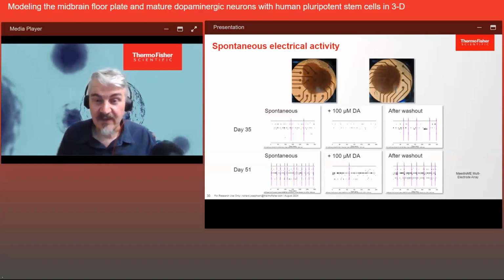Within a week after plating, we can see some spontaneous action potentials. I haven't shown you that data. But by 2 weeks after plating, or day 35, we start to see not only individual action potentials, but some coordination between neurons.